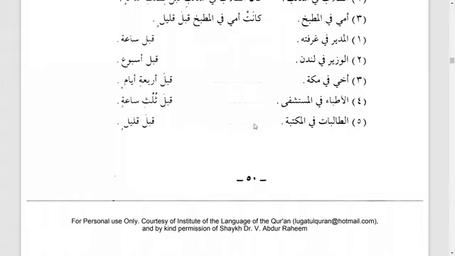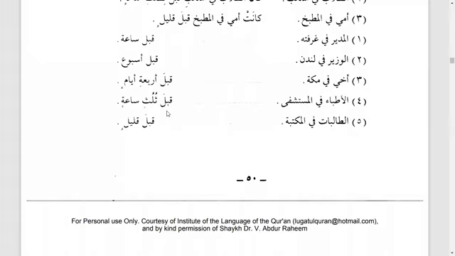Okay, can you tell me why ساعتين is majroor? Because there is mudaf and mudaf ilayh, قبل. So ثلثي is majroor because of قبل. But what about ساعة? Look, when we translate it, we say 1/3 of an hour, right?